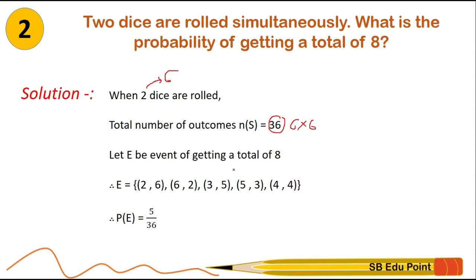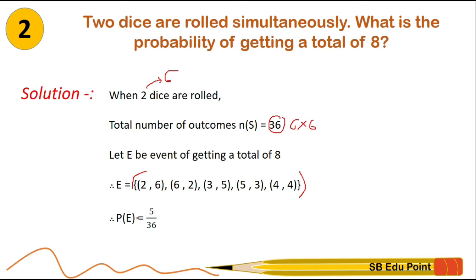Let E be the event of getting a total of 8. So these are the ways of getting a total of 8 when we roll two dice. Like for example, if I get 2 on the first die and 6 on the second, so in total it is 8. Likewise, we have 5 ways of getting a total of 8 with 2 dice.